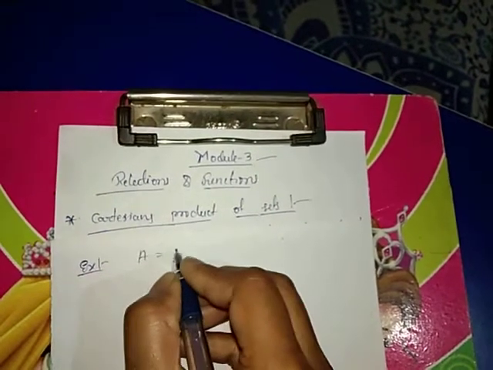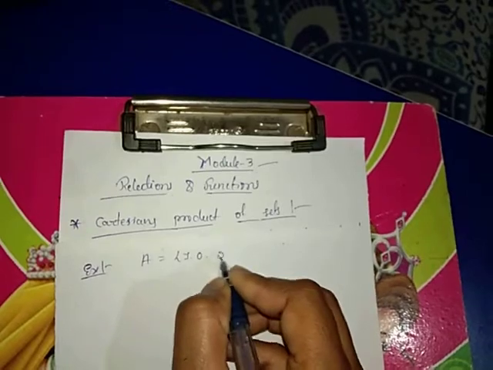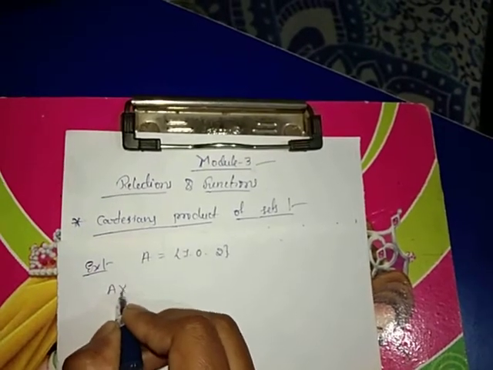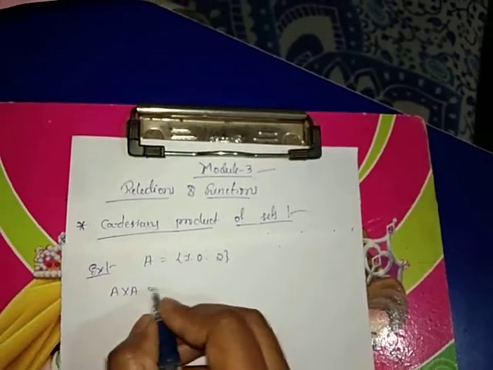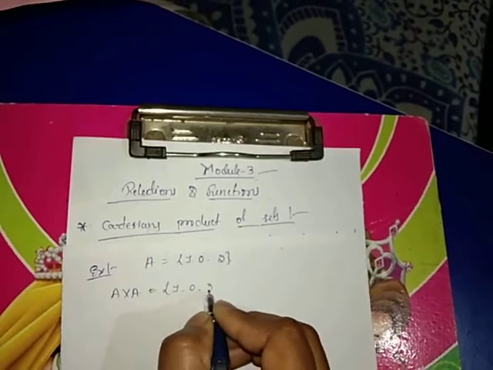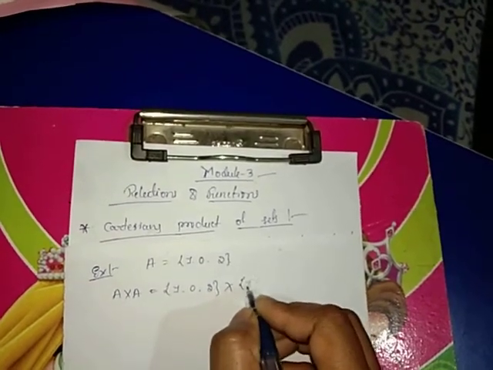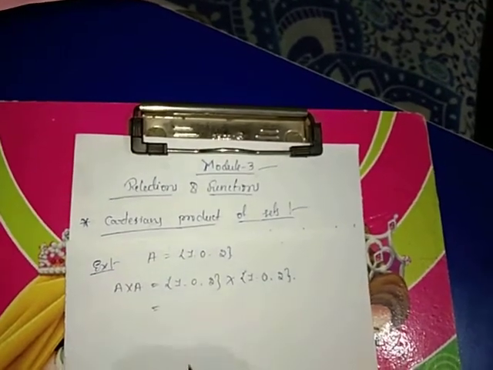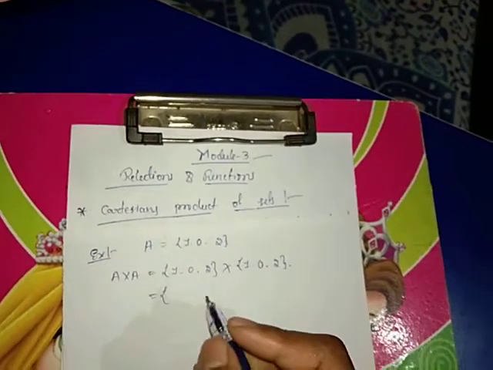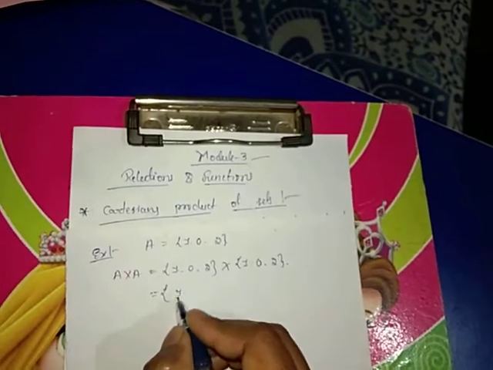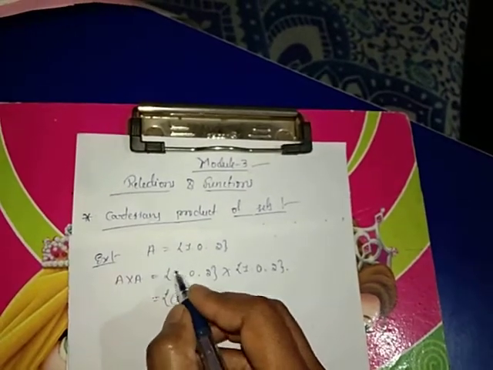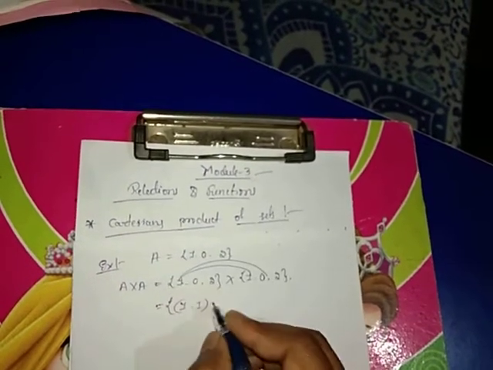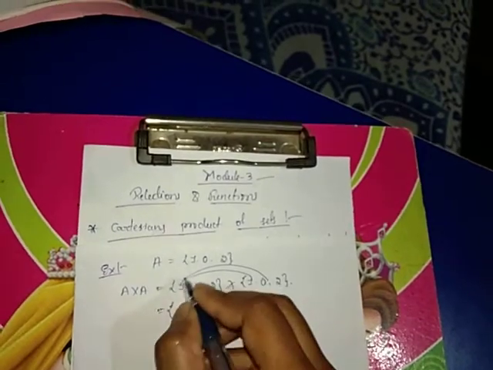suppose A = {1, 0, 2}. Now we have to find A cross A, which is {1, 0, 2} cross {1, 0, 2}. Then we have to find all possible ordered pairs: (1, 1), (1, 0), (1, 2).